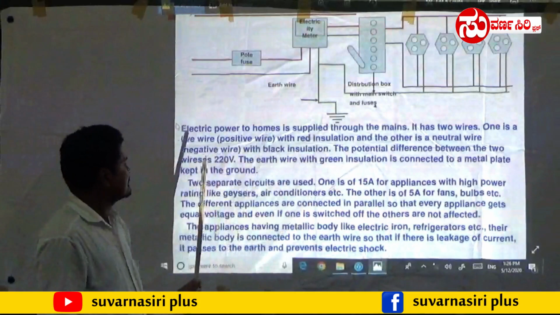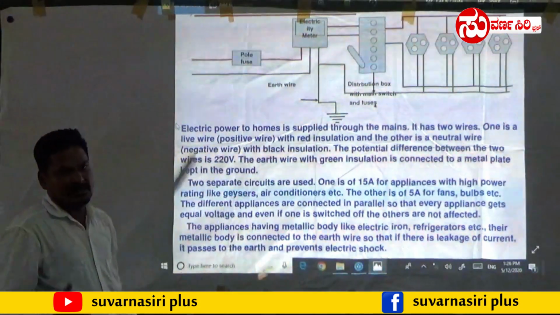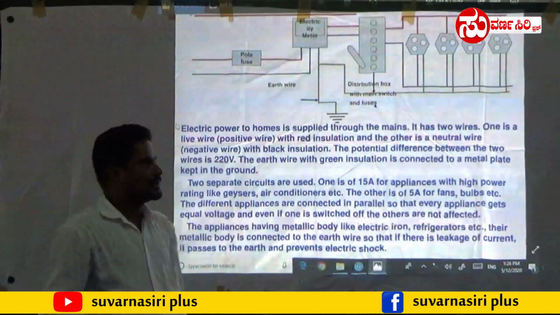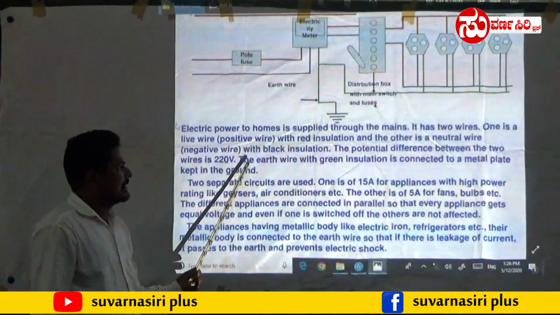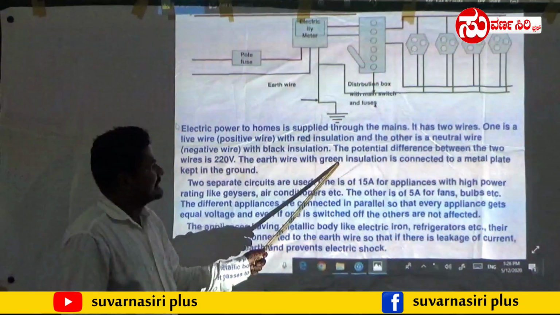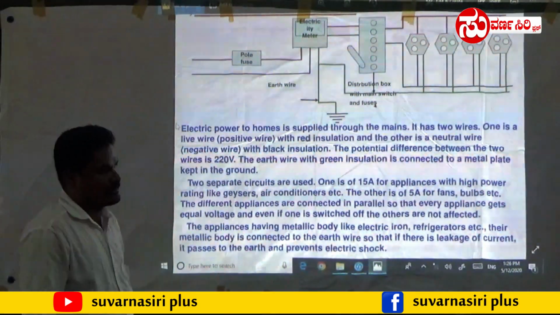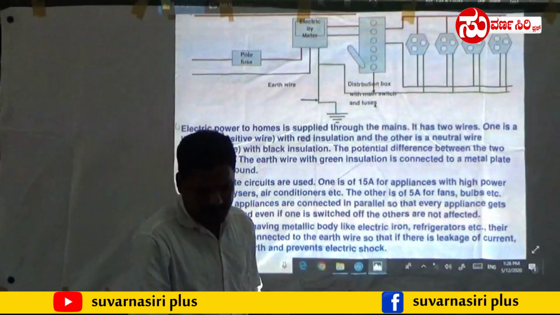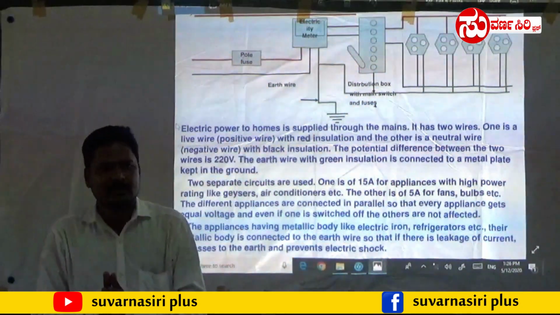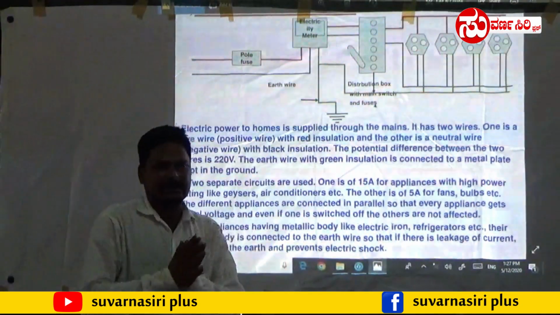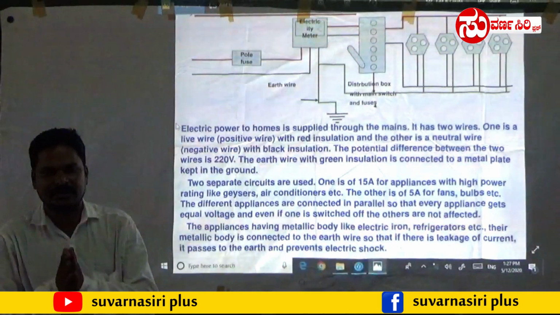The potential difference between the two wires, the live wire and neutral wire, is 220 volt, and the earth wire with green insulation is connected with a metal plate and kept inside the ground. The earth wire is also very important. It is necessary to do the earthing. It is also one of the main questions.